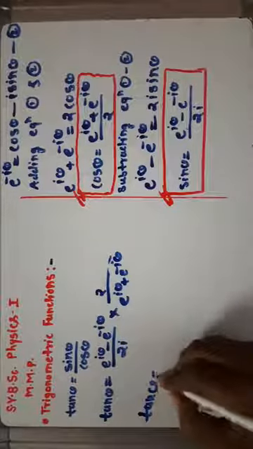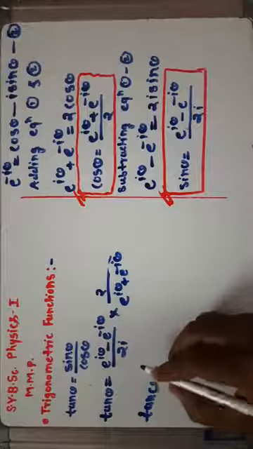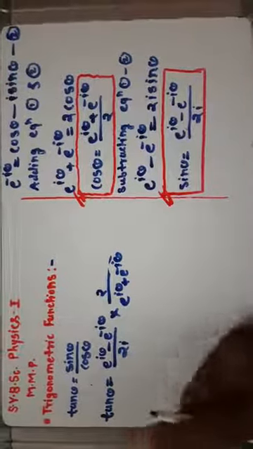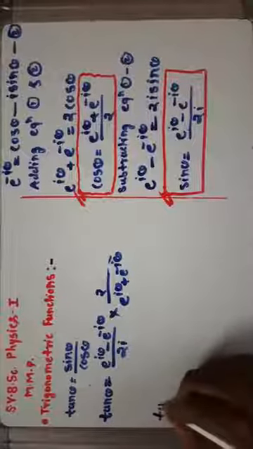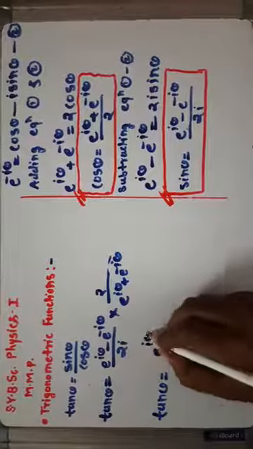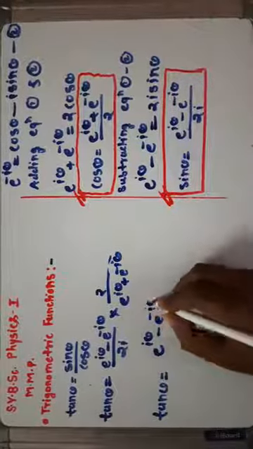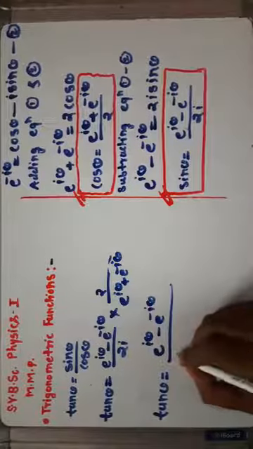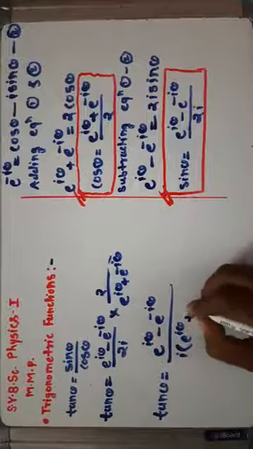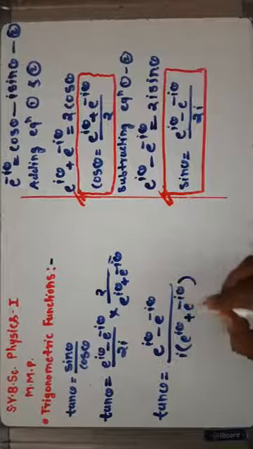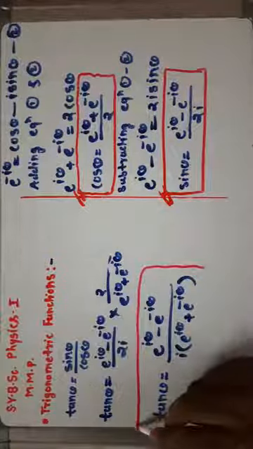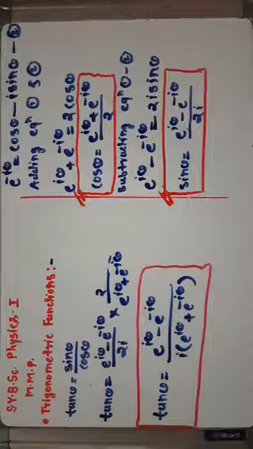That tan theta is equal to e raised to i theta minus e raised to minus i theta divided by i in bracket e raised to i theta plus e raised to minus i theta, right? This is the tan theta.